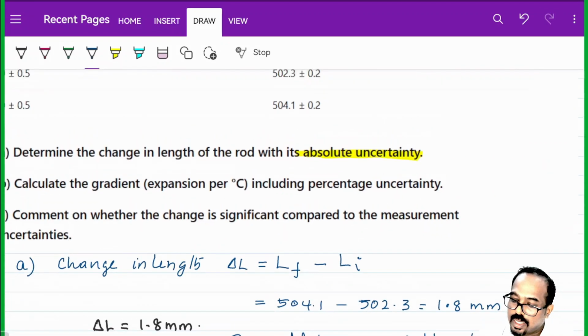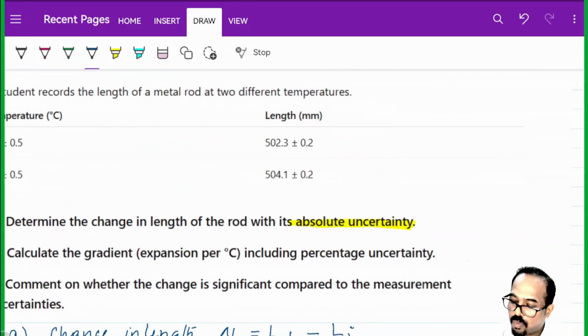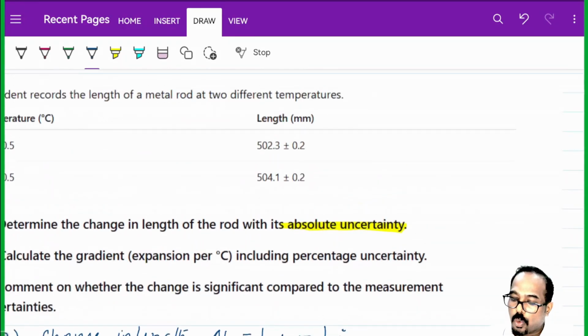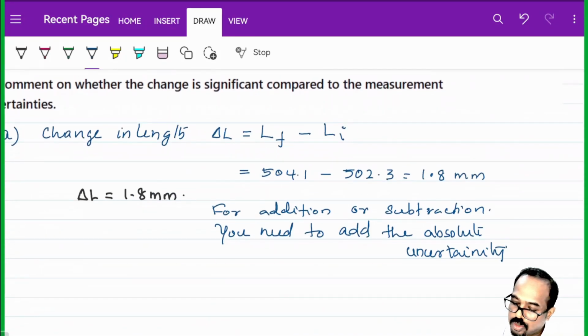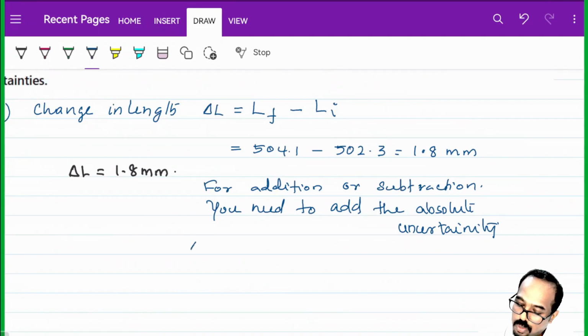If you are calculating L final minus L initial, what are they? 0.2 here, 0.2 here, right? So absolute uncertainty will be in the length measurement. I'm taking it as small l. So it will be 0.2 plus 0.2, which is equal to 0.4 mm.